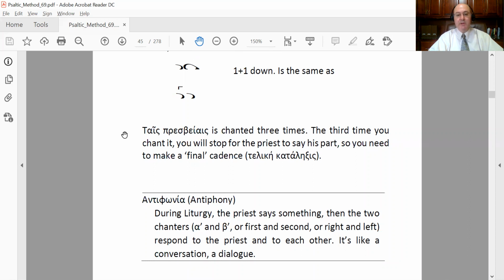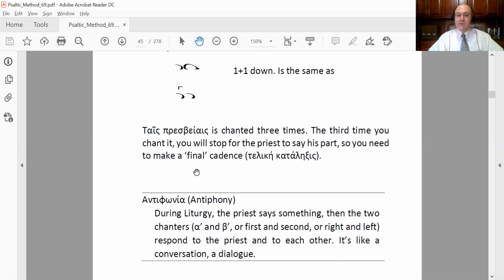So I like to give you a little bit of information of how realistically things are going to go when you step up to the analogion, which is the stand of the chanter. Despres Vies Theotokou that we've been learning so far is an actual hymn that you are going to be chanting during liturgy, and in fact it's chanted 3 times.